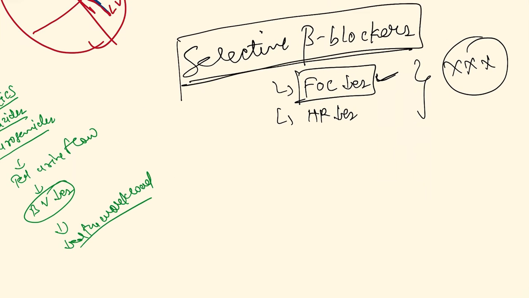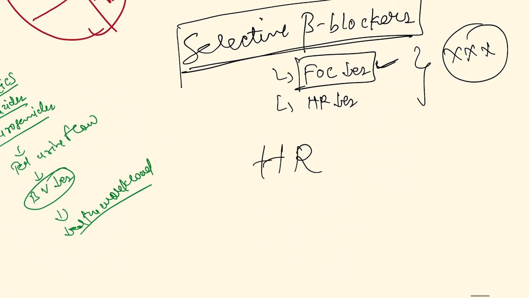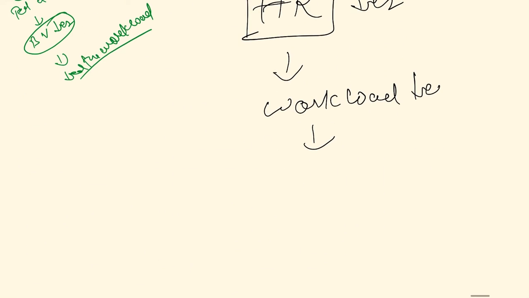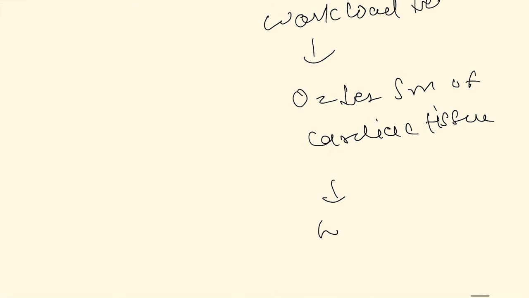So how will this beta blocker help us? It will decrease the heart rate, so in the long run, when we give beta blockers, it will cause a decrease in heart rate. A decrease in heart rate means decreased workload, and decreased workload means decreased oxygen consumption by the cardiac tissue, and this will help them survive better.